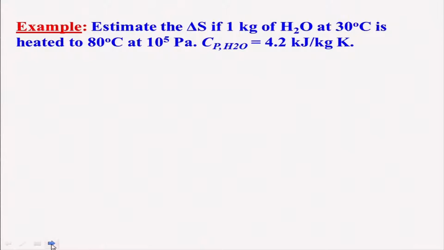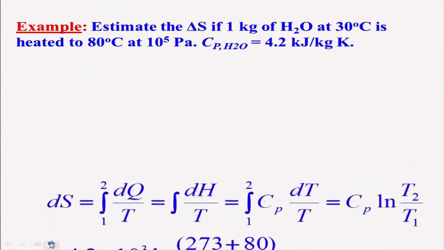Let us take an example where we need to find the entropy change if 1 kg of water at 30 degrees Celsius is heated to 80 degrees Celsius at 10 power 5 pascals, and the Cp of water is given.